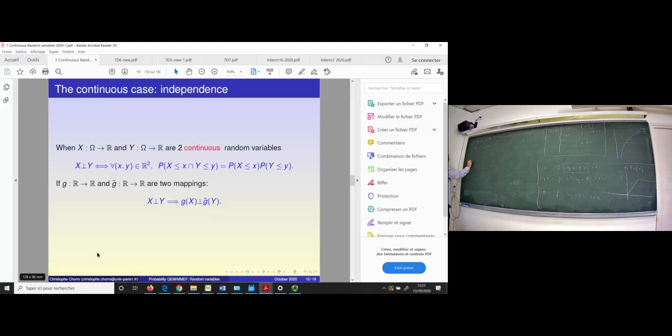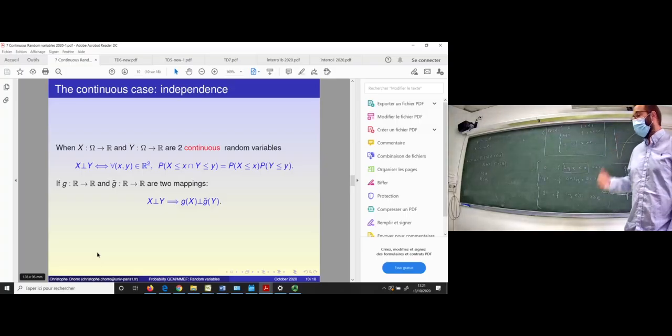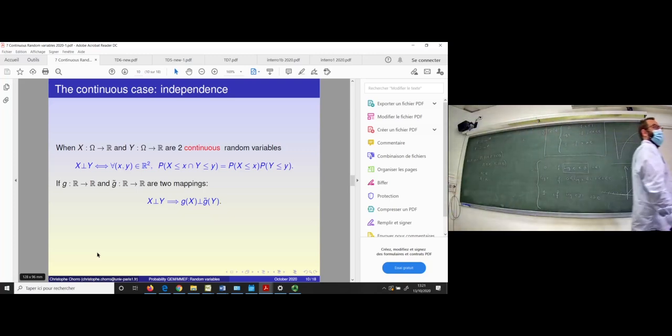X and Y are independent if and only if the probability that X belongs to A intersected with Y belongs to B is equal to the product of the associated probabilities, where A and B are subsets of the real numbers. So it's the general definition of independence we have seen at the beginning of the course concerning random variables. It's just a definition that extends the notion of independence for sets.